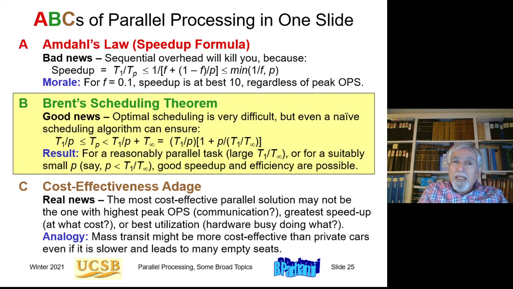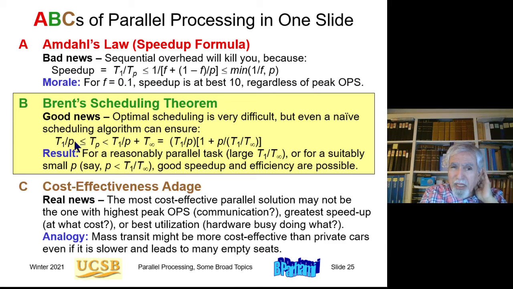Okay, so this slide I showed you very early in the course. Amdahl's law is the bad news of parallel processing. Now we just learned that Brent's scheduling theorem is the good news. It says that optimal scheduling is very difficult, but even a naive scheduling algorithm can ensure a running time between T1 over P, and this one I've rewritten, again, it's simple algebra, T1 over P times 1 plus something.